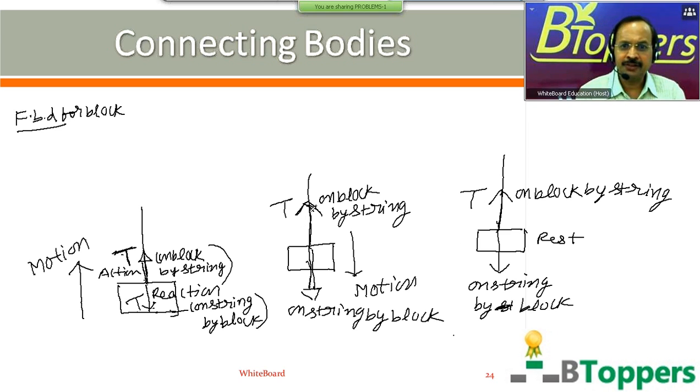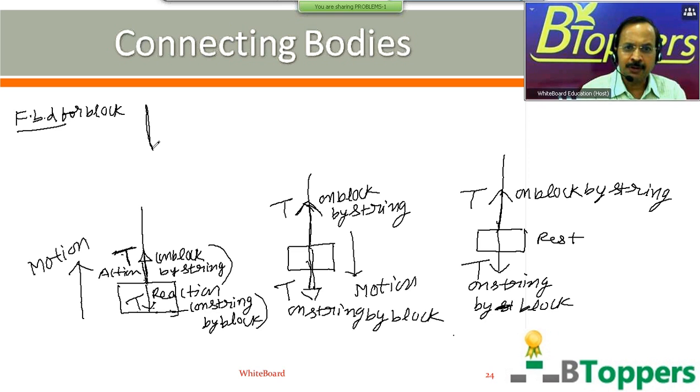Of course, in each case, action and reaction forces are always the same in magnitude. So T, the magnitude of the force on the block by the string, and the magnitude of the force on the string by the block will also be equal to T. I mean the magnitude or modulus will be the same for action and reaction forces. But in the free body diagram, we must show only the forces acting on the block.